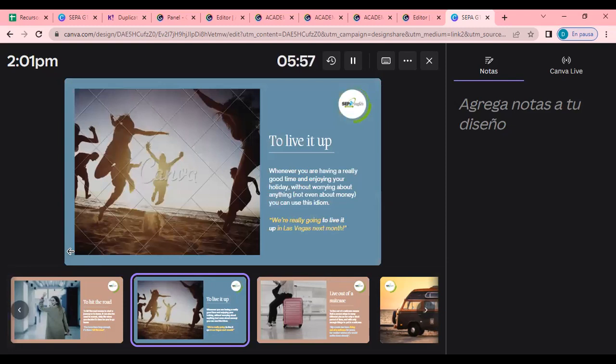To live it up. Whenever you are having a really good time and enjoying your holiday, without worrying about anything, not even about money, you can use this idiom.